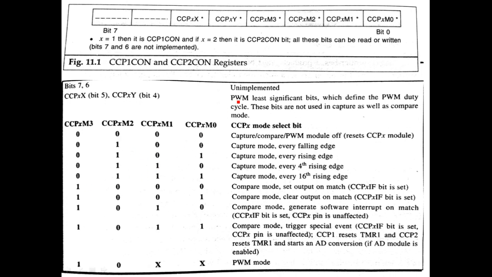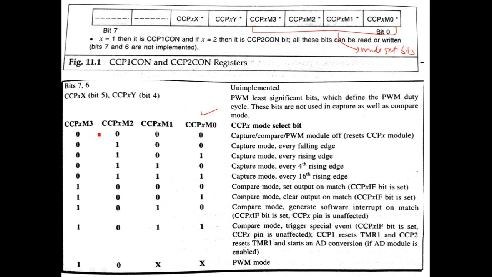If you consider these bits, the mode set bits, it is CCPxM3 to CCPxM0. These are the mode set bits, and their meaning is given here. So mainly this register contains the 4 mode set bits. With the help of these bits, you can select one of the modes of operation for the given CCP module.